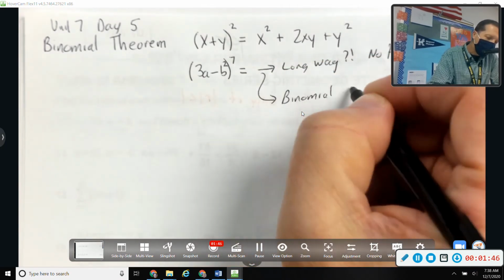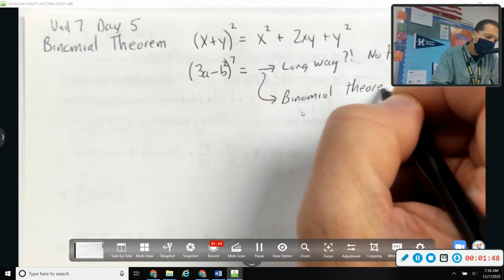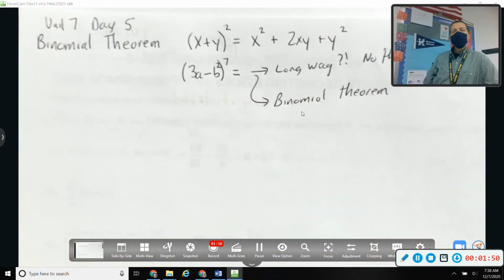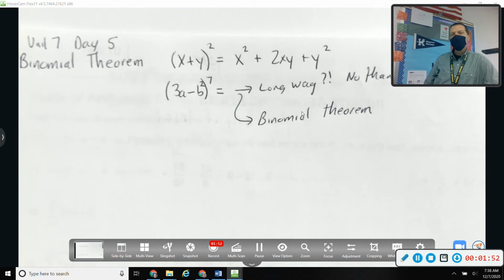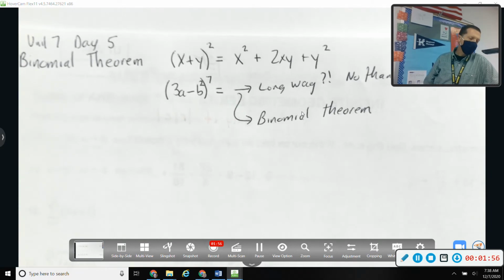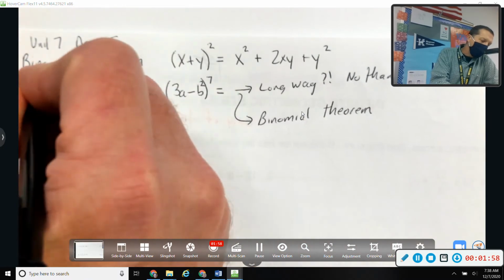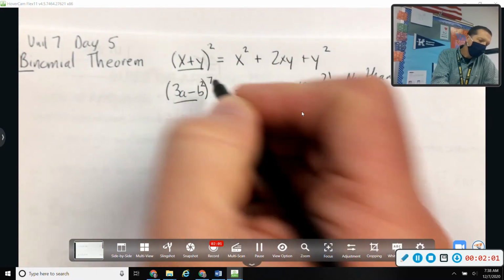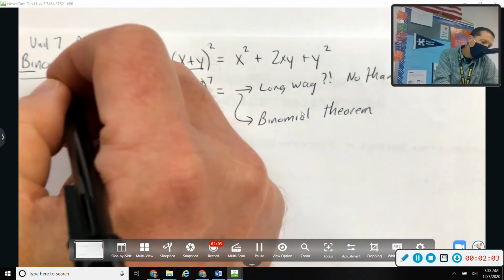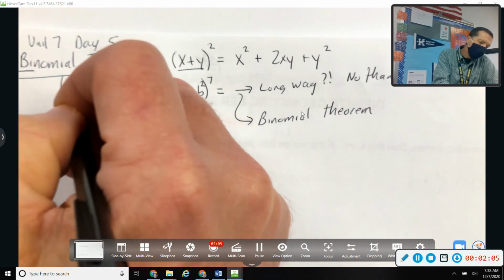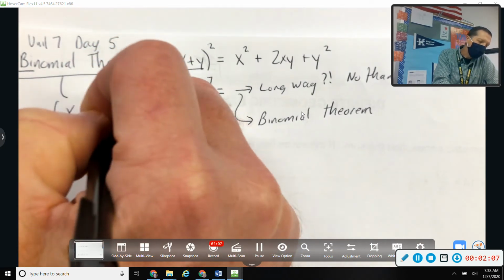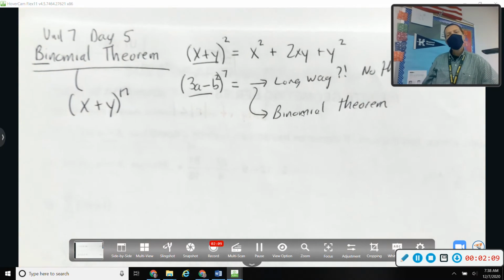But there's an easier way called the binomial theorem. It's going to help us, not FOIL, but find larger powers of, bi means 2, so if there are 2 terms raised to some power, most generically it would look like this, x plus y to the nth.